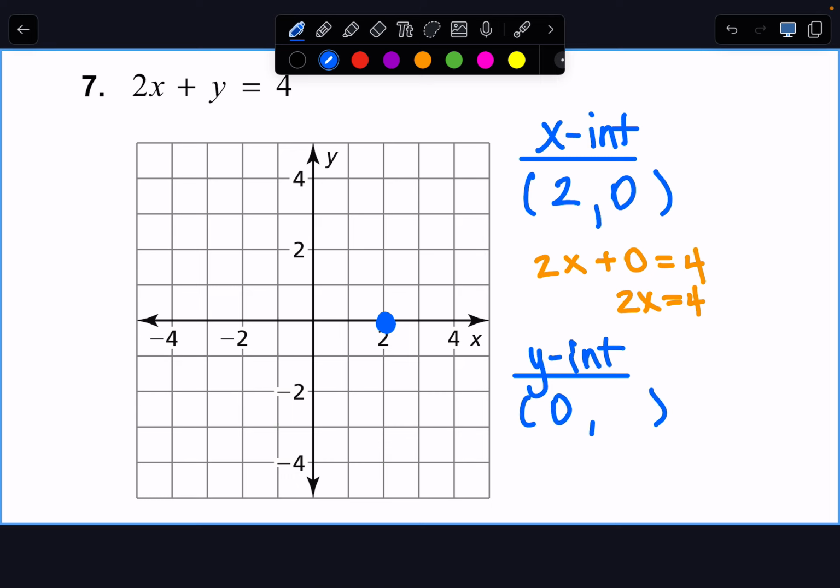Tinley, 0, what? 0, 4. We have x is 0. 2 times 0 plus y equals 4. So y equals 4. Isn't that great?